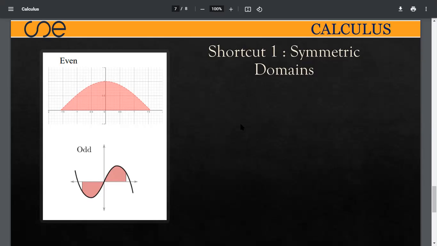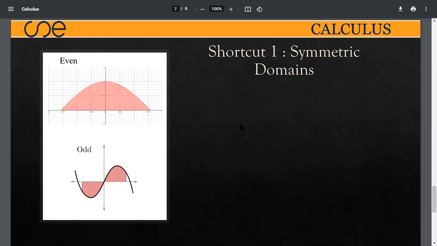Okay, let's move on. To solve those improper integrals with infinity, I got you some shortcuts. One, let's use the symmetric domain. What do I mean by symmetric domain?